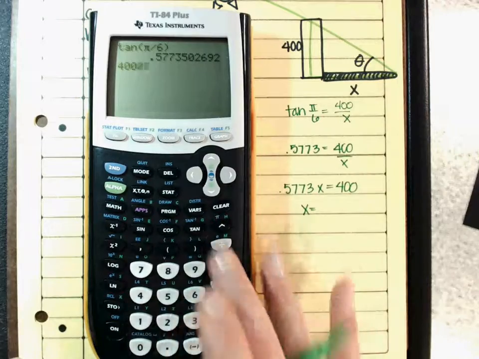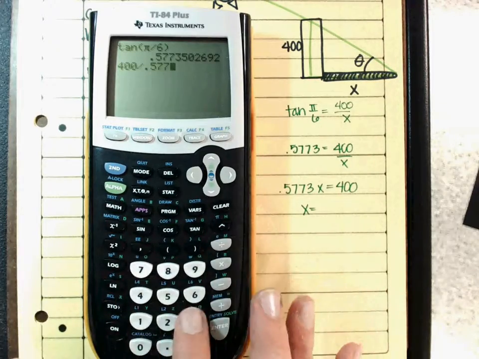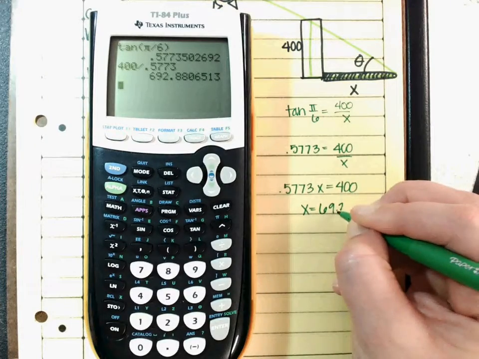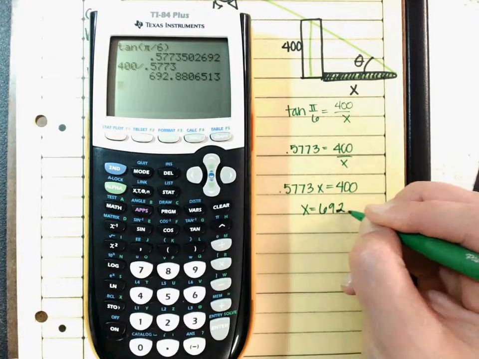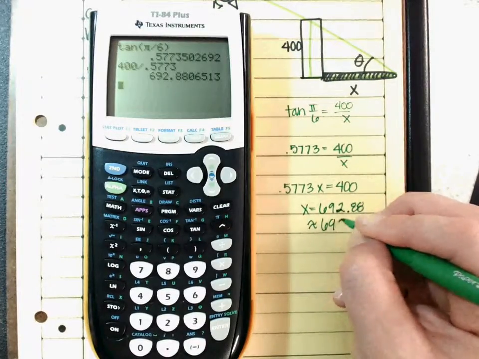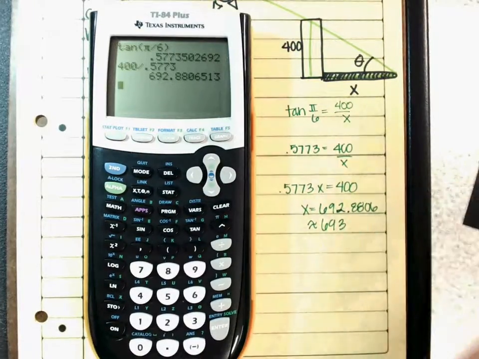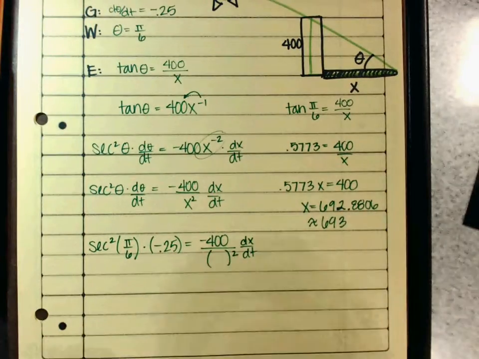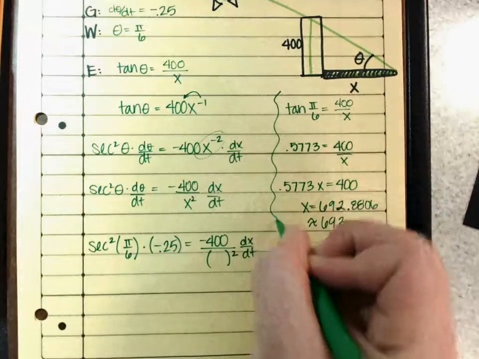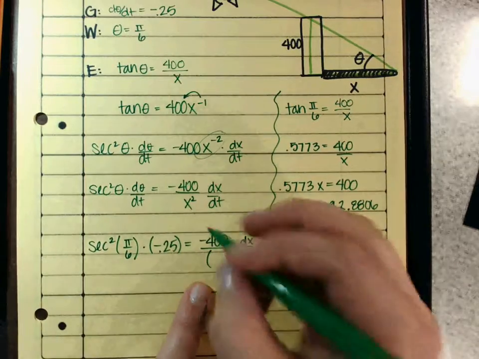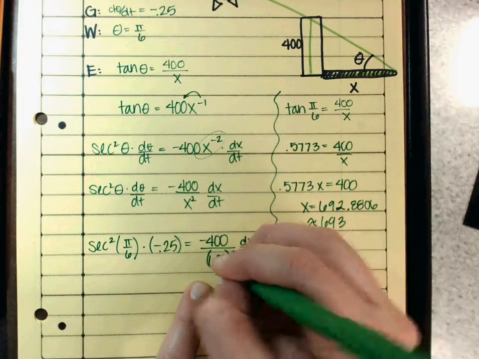Divide 400 by 0.5773. And it's 692.88. We're going to round that to 693 just because this isn't the real AP test and it'll make our numbers easier. So over here, we had to go back and find x because it wasn't given. So I'm plugging in 693 right there.